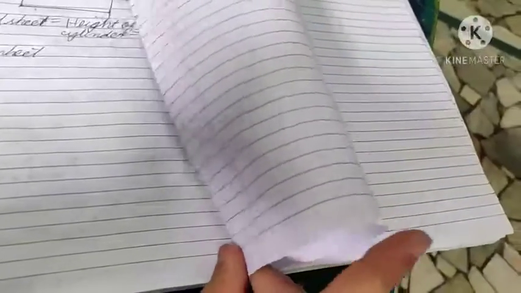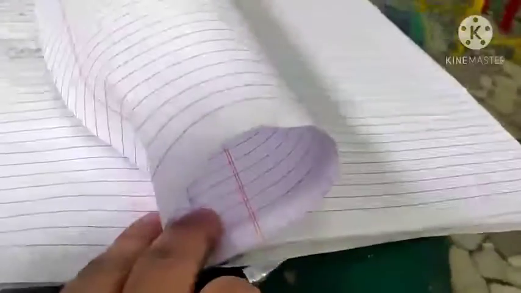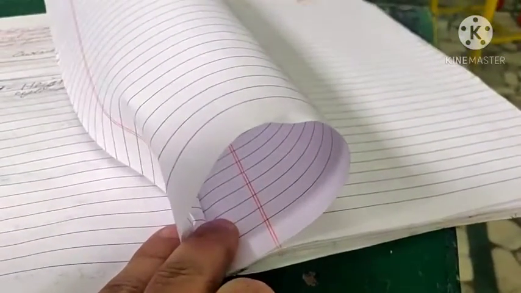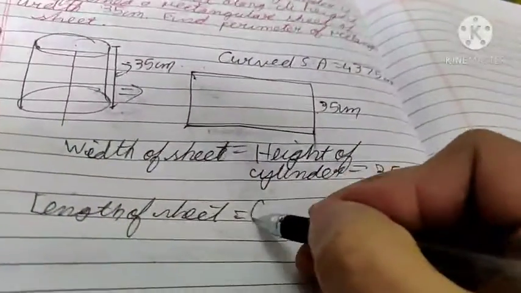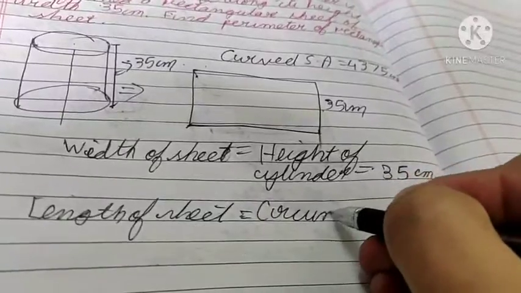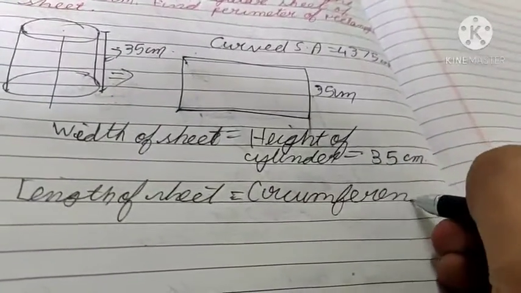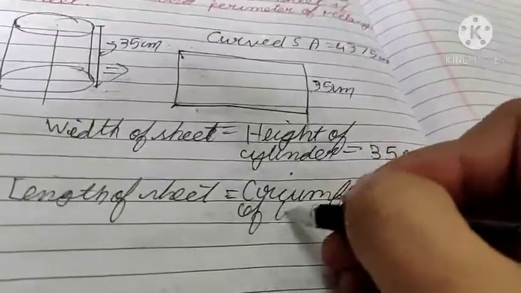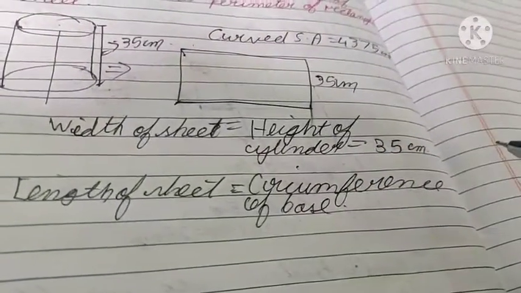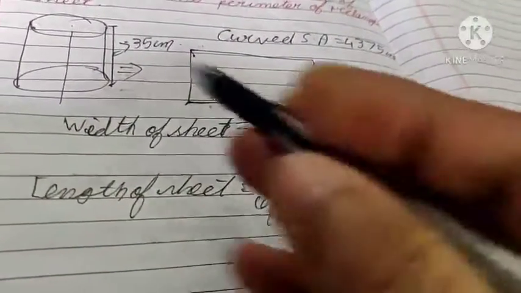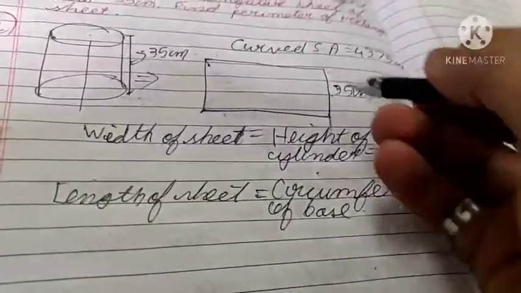If we fold this page, this length becomes the circumference of the circle, that is the base. So the length is equal to the circumference of the base.